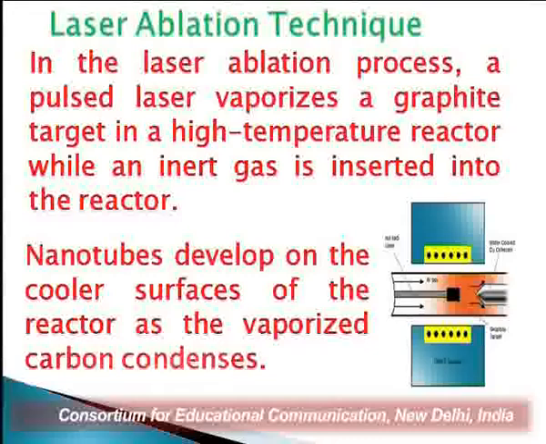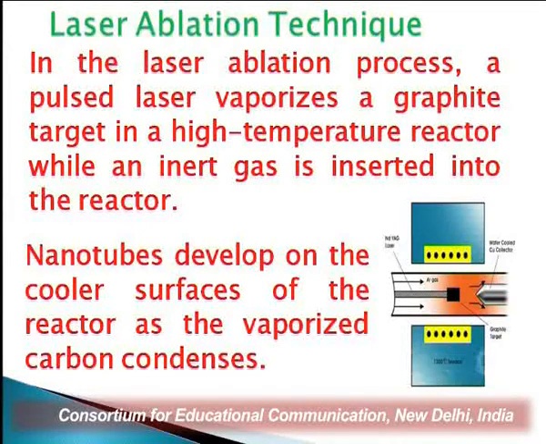The second method, which is also a very important method for the preparation of carbon nanotubes, is the laser ablation technique. This technique uses a pulsed laser which vaporizes a graphite target in a high temperature reactor in the presence of an inert gas.